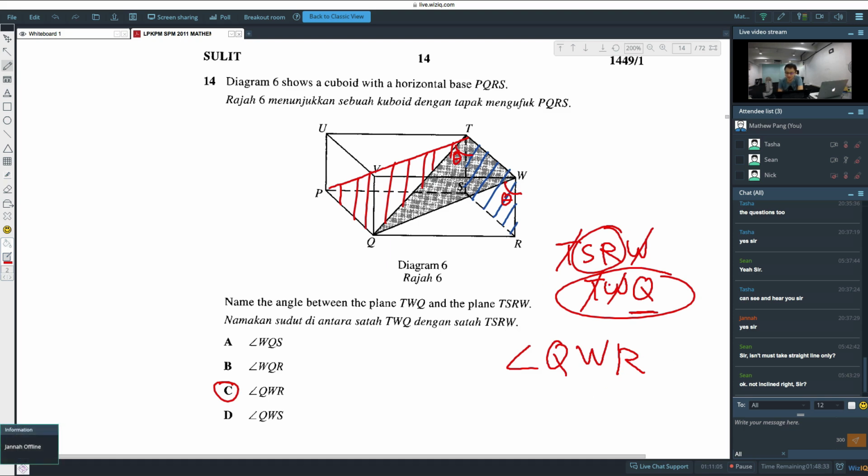The first step is you slash the same letters, and then from the three letters you will have one letter left, which is Q in this case. Then from the two letters you slashed, see which one is nearer to Q. And then from the two letters you haven't slashed, see which one is nearer to Q. Then you can get the angle in between. Maybe you can try this method.